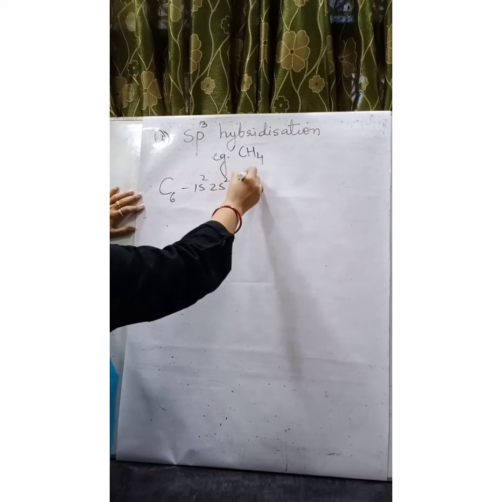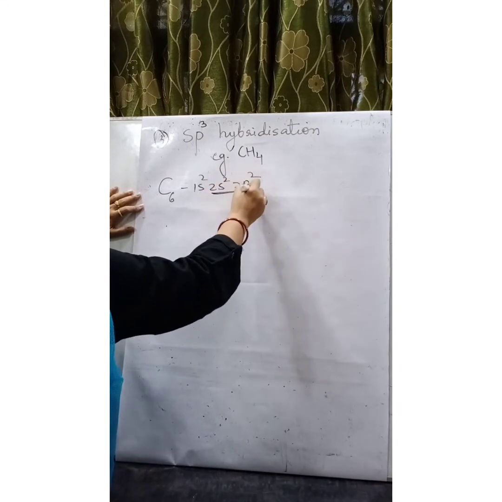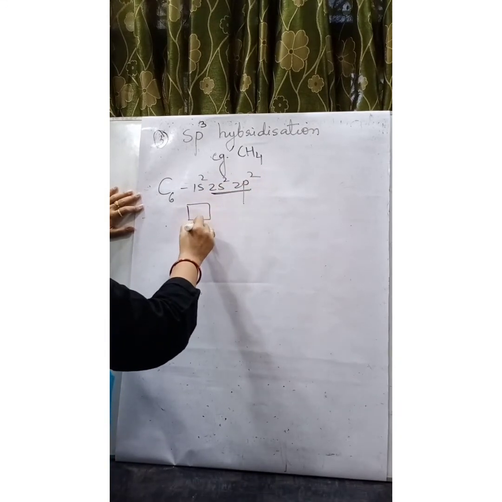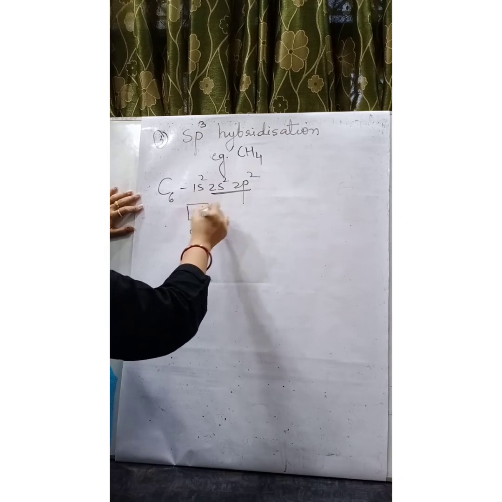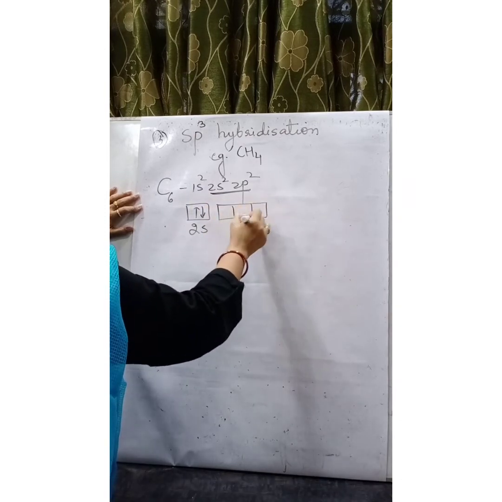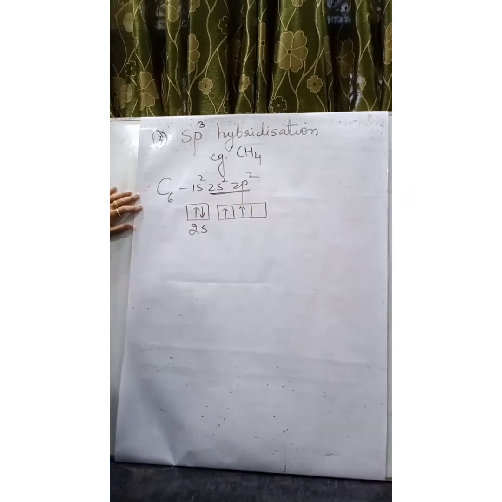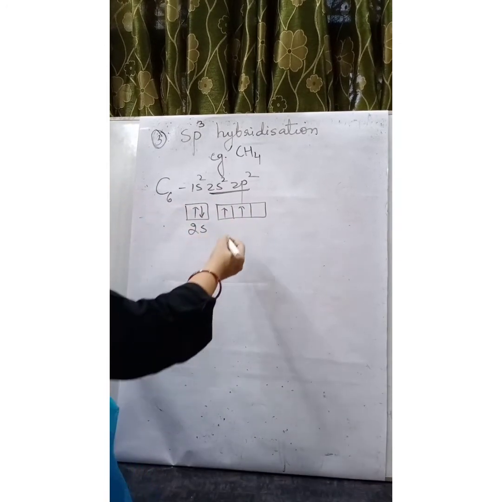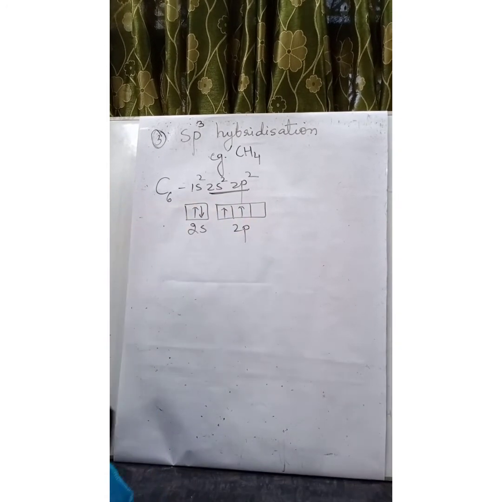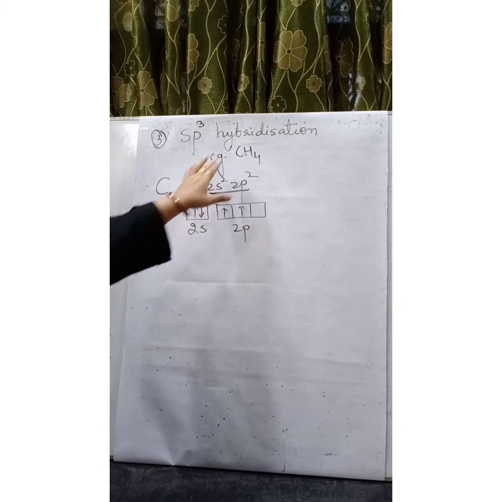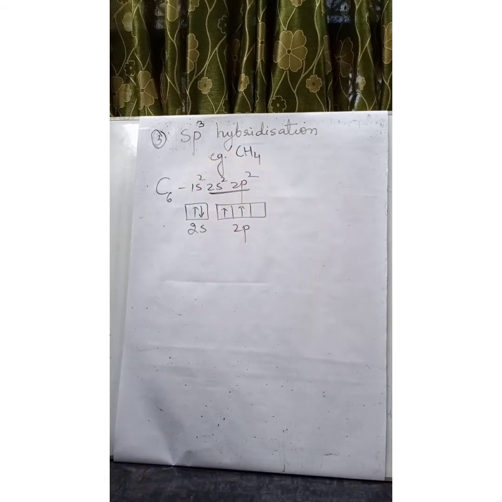1s2, 2s2, 2p2. This is our valence shell, which has 2 electrons in s and 2 electrons in p orbitals. According to Hund's rule of multiplicity, the orbitals are first singly occupied. Carbon is bonded with 4 hydrogen atoms. Now here what happens?